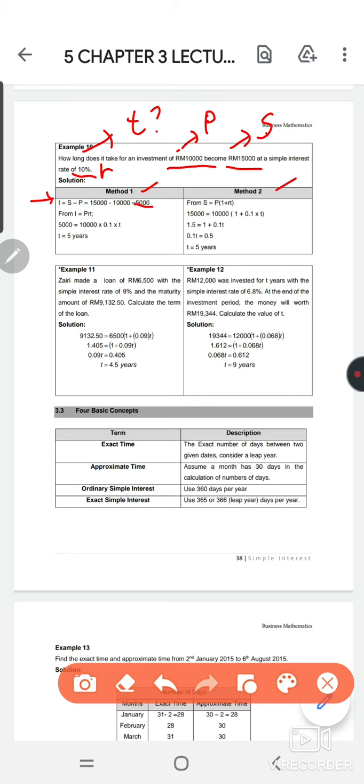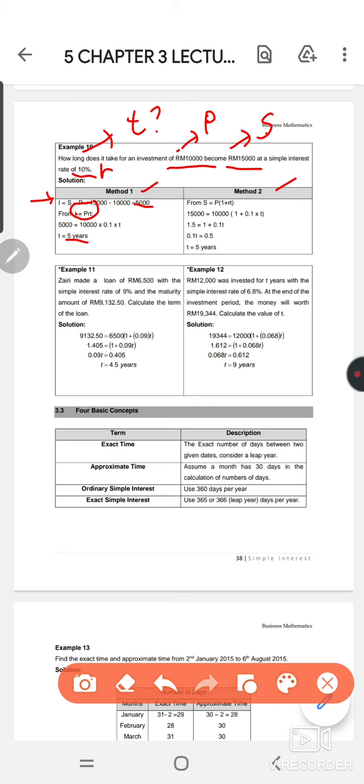And then you can substitute into formula I equals to PRT. So you substitute I with 5,000. Your P is 10,000 multiplied by rate 0.1 or 10%, and then multiply by T. So you will get your T is 5 years. Or you also can use method 2.